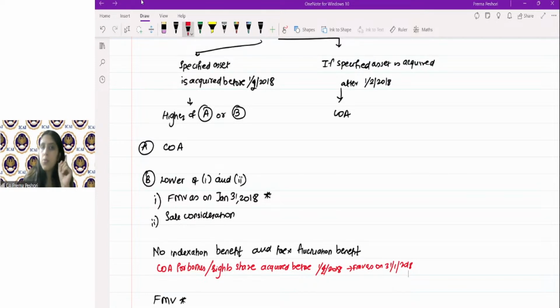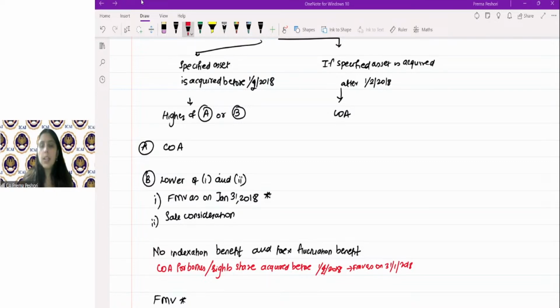We have covered 112A. Now we are moving towards 112, which is the last section for your tax on capital gain. Now this 112A is for listed equity shares, while 112 is for other than listed equity shares. But again, here also we have different tax rates which are applicable. Let's try and understand that.